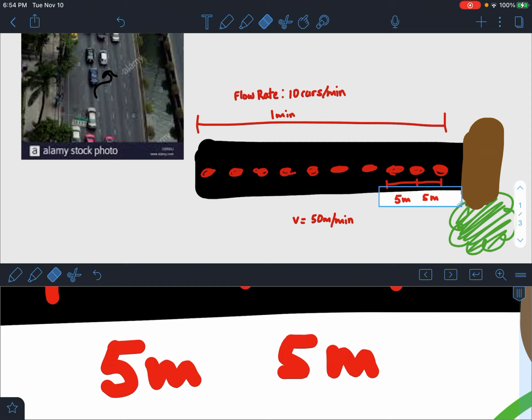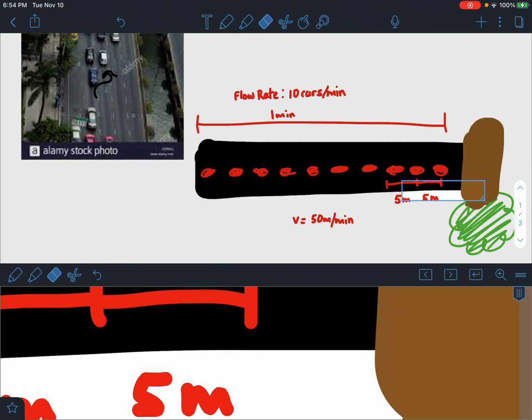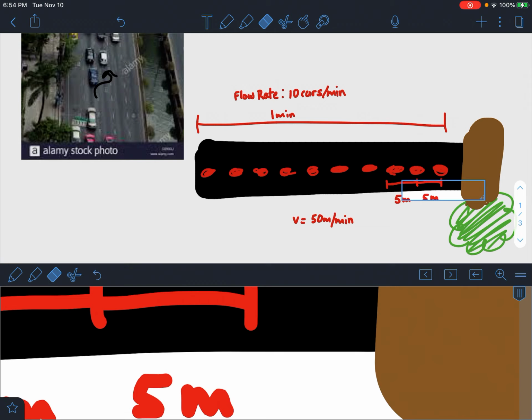It's 50 meters per minute. So the physical line of cars is increasing by 50 meters per minute.